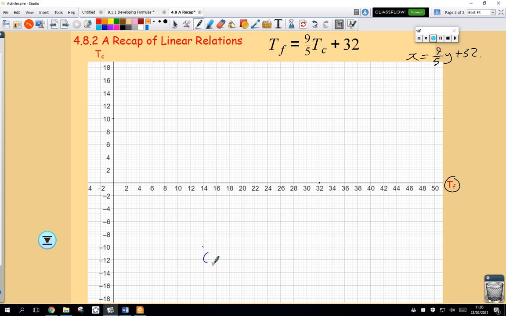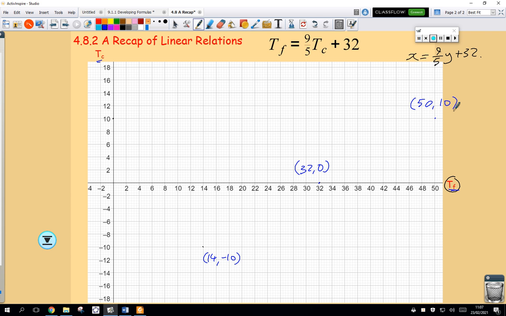This is 14, negative 10, meaning 14 degrees Fahrenheit is equal to negative 10 degrees Celsius. Here I've got the point 32, 0, so 32 degrees Fahrenheit is 0 degrees Celsius. Out here I've got the point 50, 10, so 50 degrees Fahrenheit is 10 degrees Celsius.